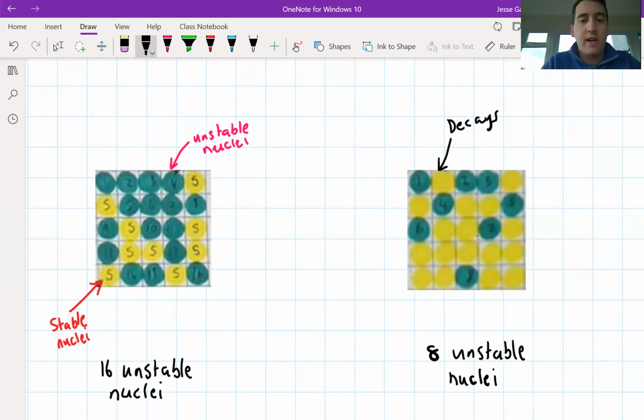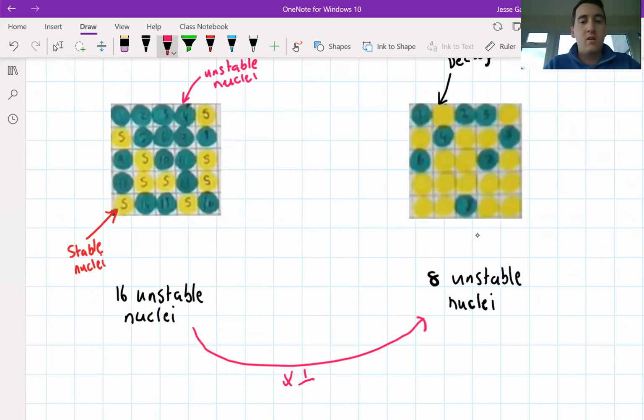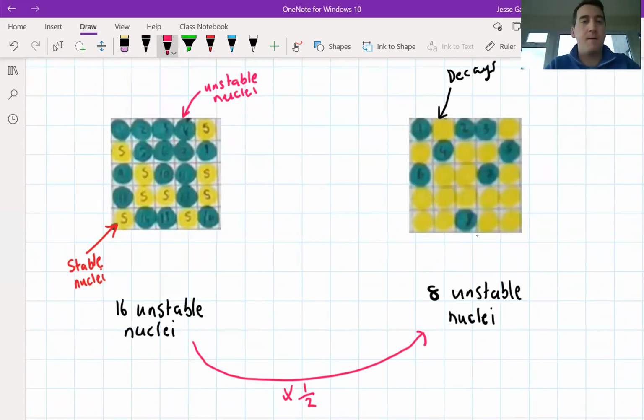So what we've done is we have taken the number of unstable nuclei and multiplied it by a half. So 16 times a half gives you 8 unstable nuclei.